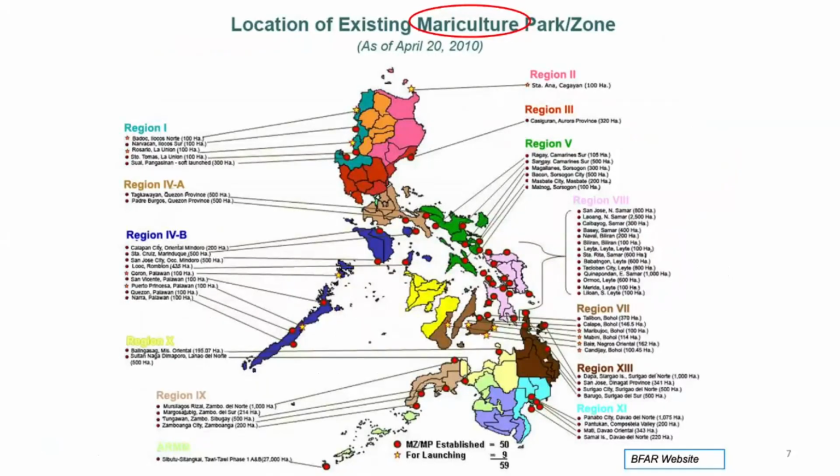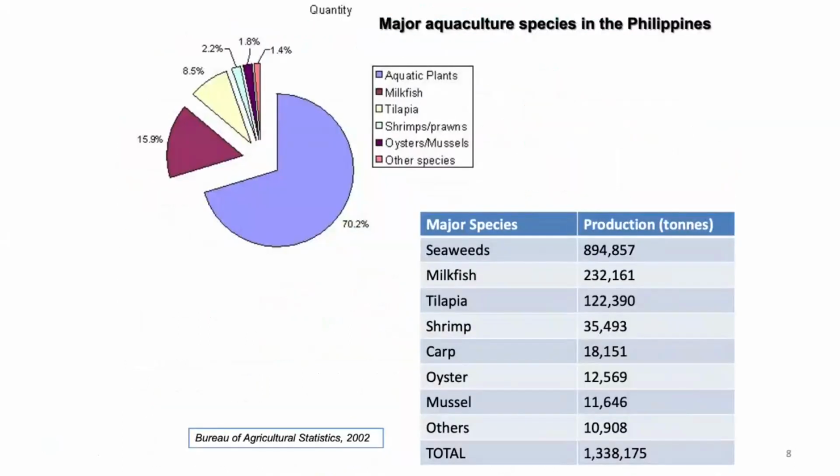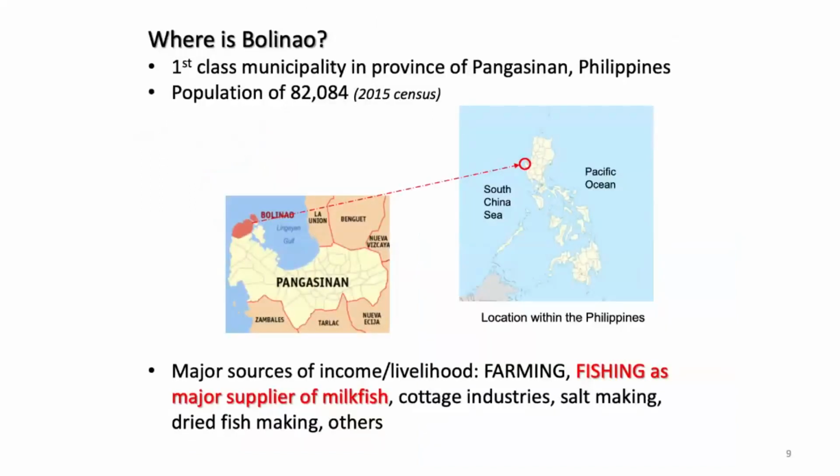In this map, we see the location of where the Philippine government plans to establish mariculture parks and zones, and they are all over the country. And among the species cultured, milkfish is the second most important next to seaweeds. Here again is a map showing Bolinao, and this town is a major supplier of milkfish in the country.